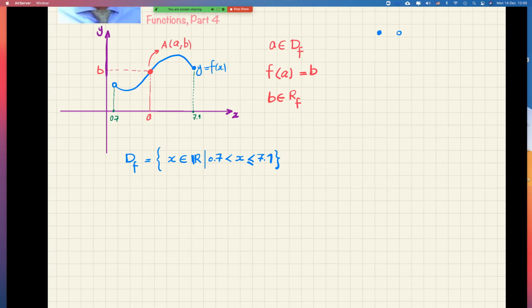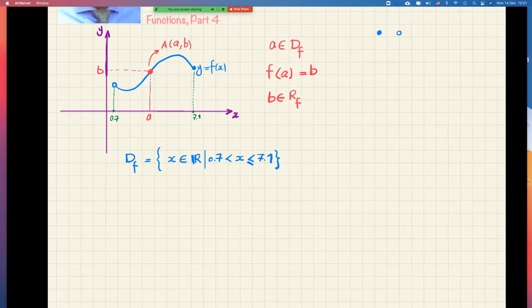So you see, the x coordinates are in the domain. The y coordinates are in the range. So when I talk about the range of this function, I am talking about all y coordinates of the points lying on the graph of this function.